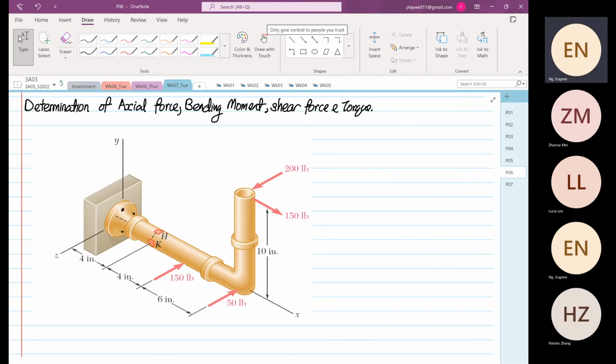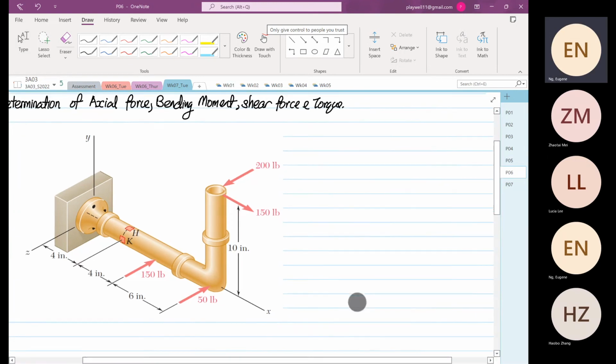So as I said, I'm going to teach you how to find out the axial force, the bending moment, the shearing force, and the torque. Okay.